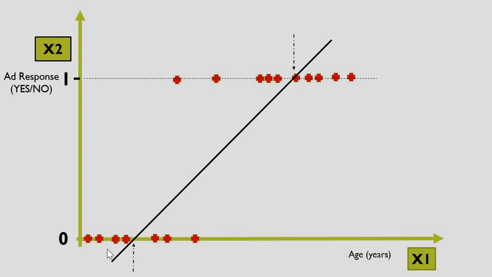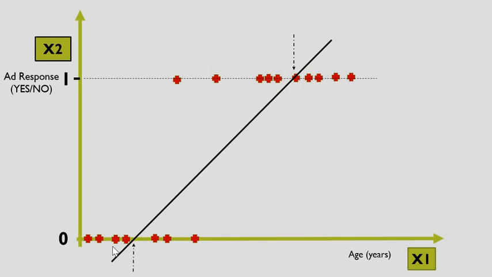Logistic regression here produces probabilities. And its probabilities range from 0 to 1. These are the two numbers that the output is ranged between.